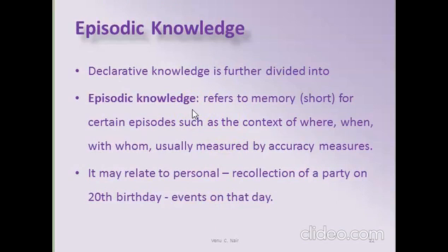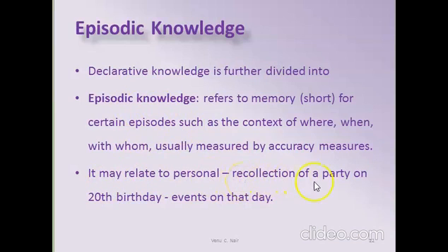Episode means which covers a short period, such as the context of where, when, with whom, usually measured by accuracy measures. This can be considered as a personal event. It's not the interest of the general public that is counted.